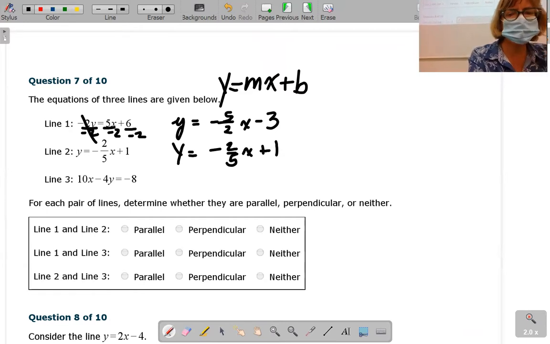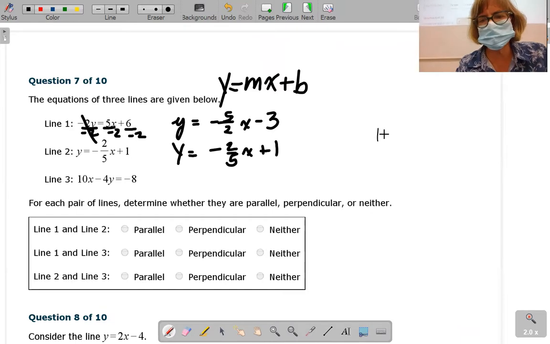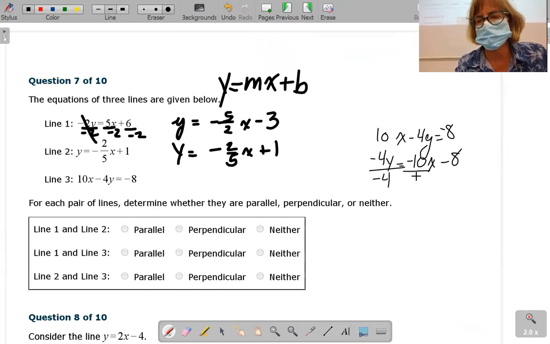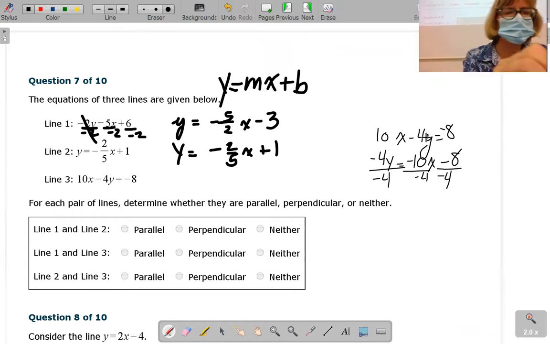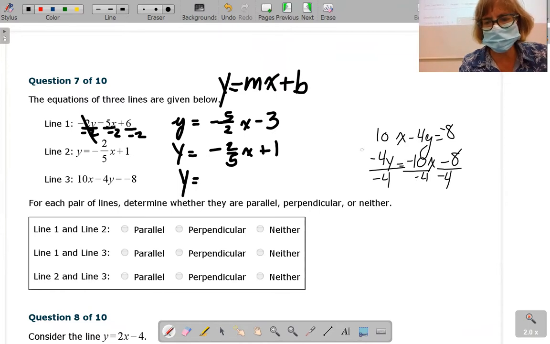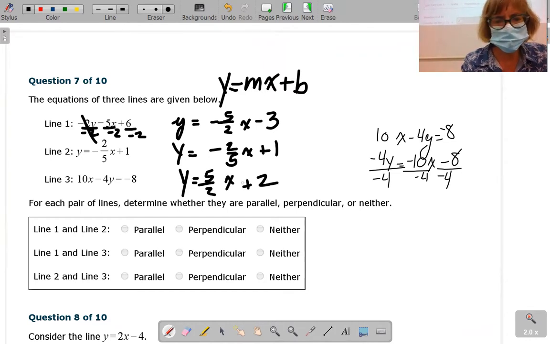And then this last one, we're going to do in the margin, 10x minus 4y equals -8. Minus 10x, we have -4y equals -10x minus 8. And we get y equals, the double negative makes a positive, and reduce, that's going to be 5/2x plus 2. Now you look at the slopes.